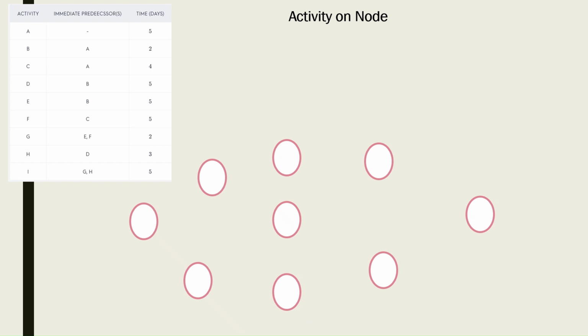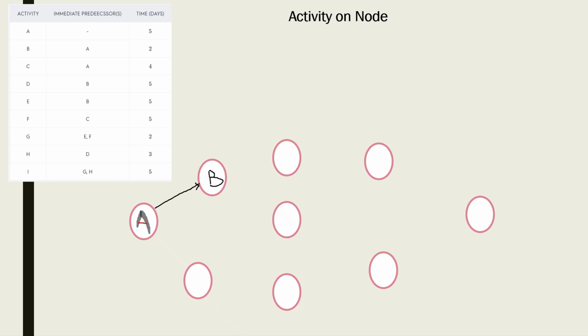First I will show you. Suppose this is activity A, and suppose this is activity B. Now this activity is going to be connected with the arrow.